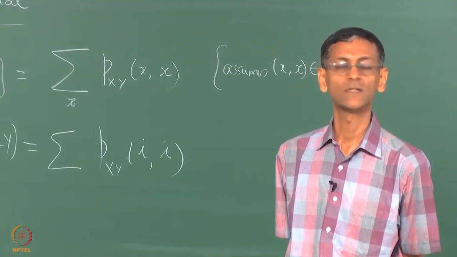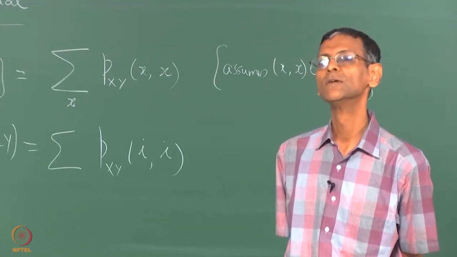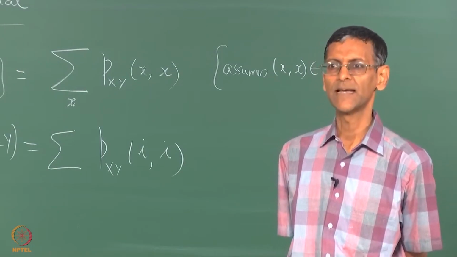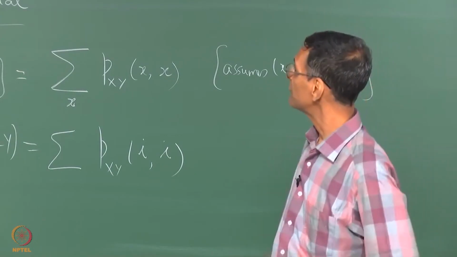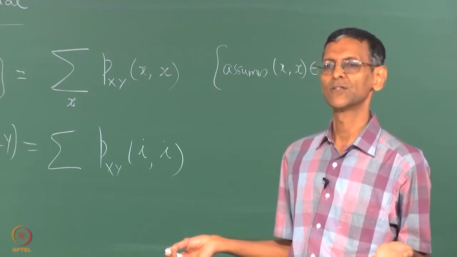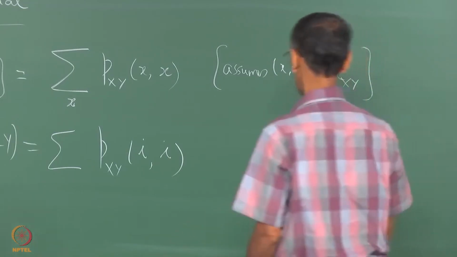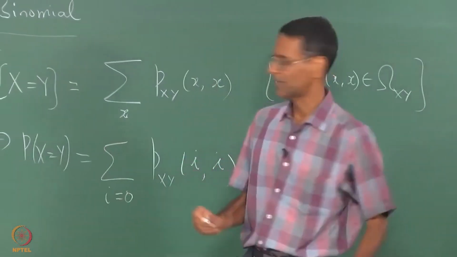Why can't they both take the value 0? They can both take the value 0 also. It's possible that x does not occur and y also does not occur. Remember, I said events 1 and 2 are not a partition; it is not like you must get one of the two. So, you go from i equal to 0 up to the maximum value, n by 2 for n even.